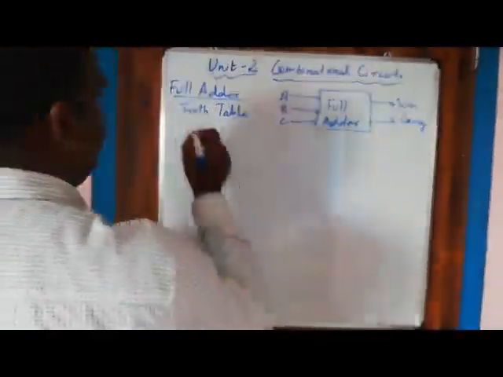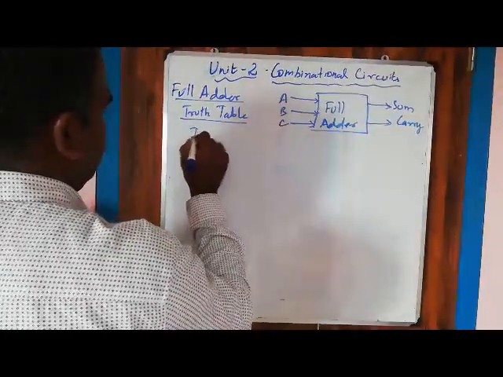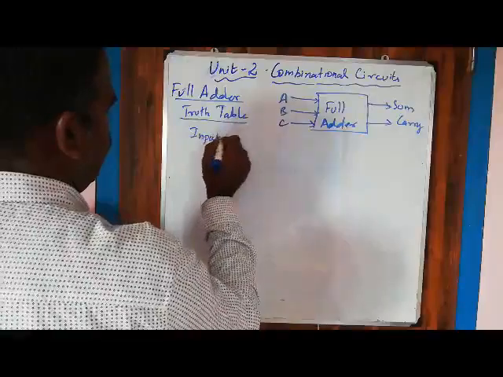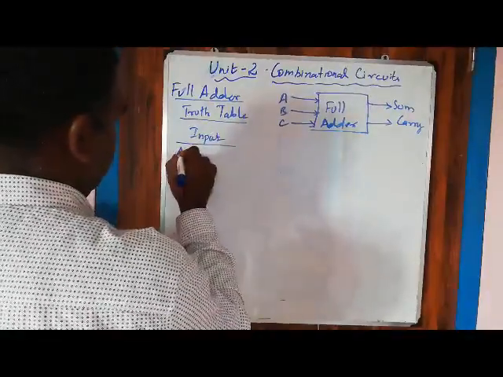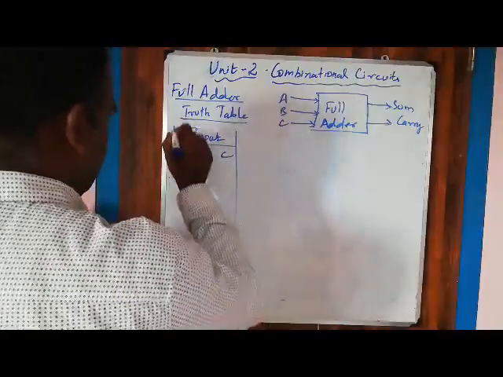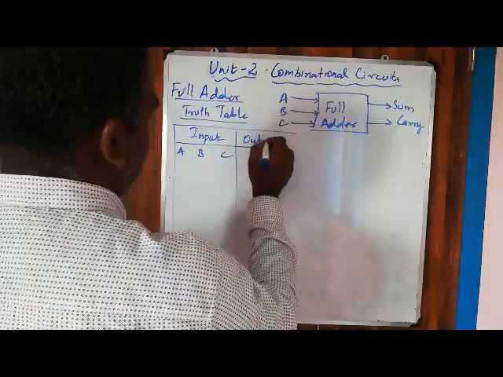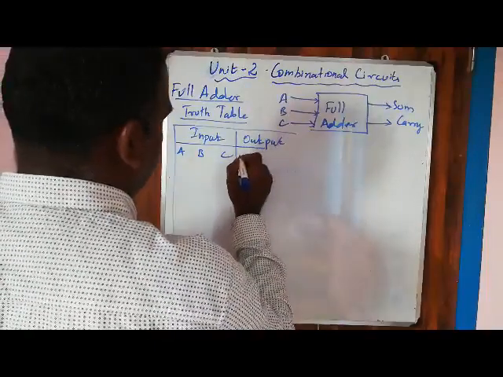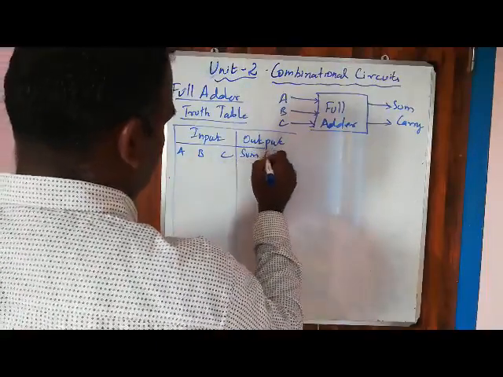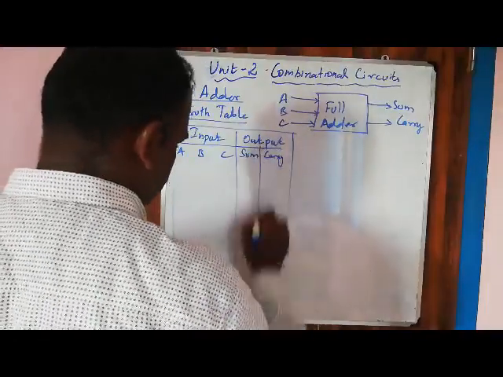Okay. Truth table for full adder. So input variables: inputs are A, B, C. Outputs are sum and carry.